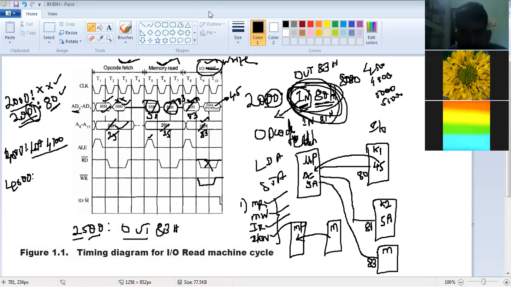Will the IO/M bar line be high during all this process? Yes, ma.